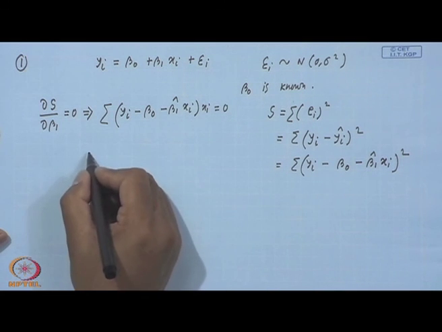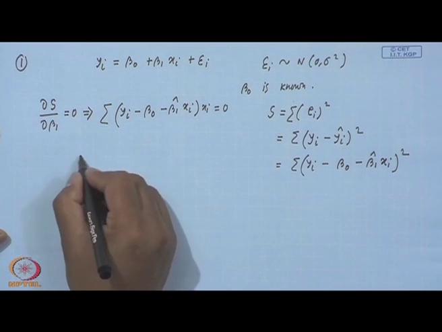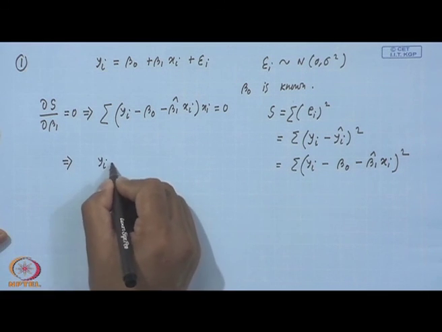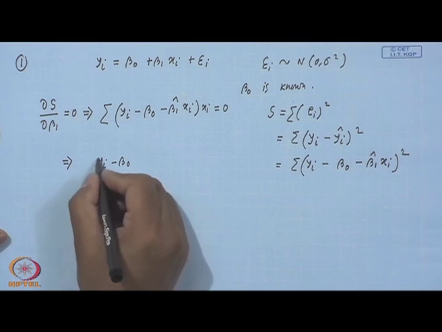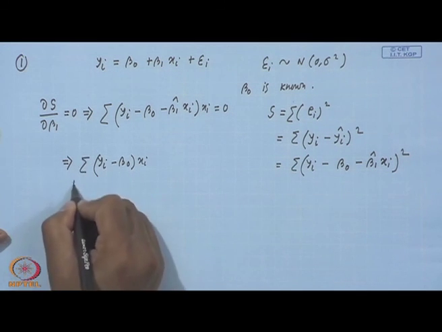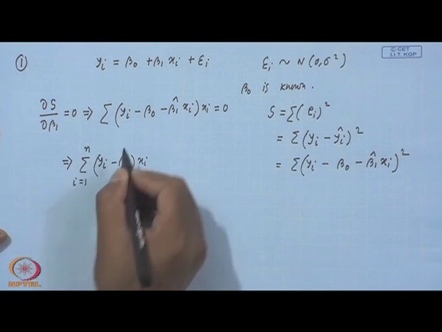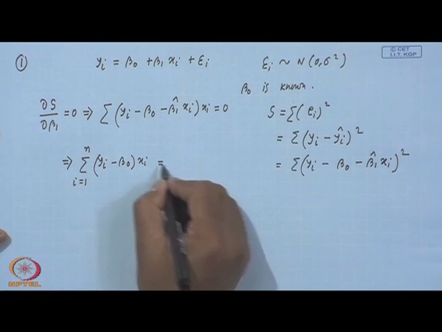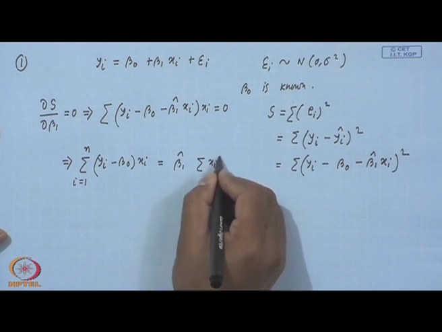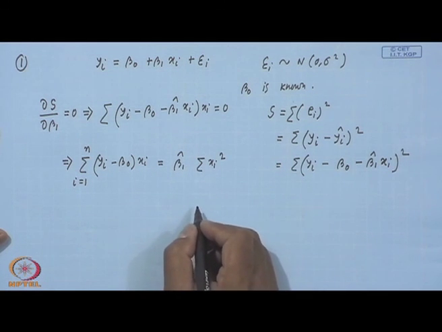From here I get that summation of y I minus beta naught into x I equals beta 1 hat summation x I square.